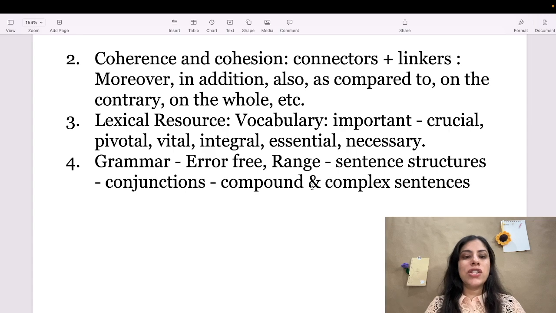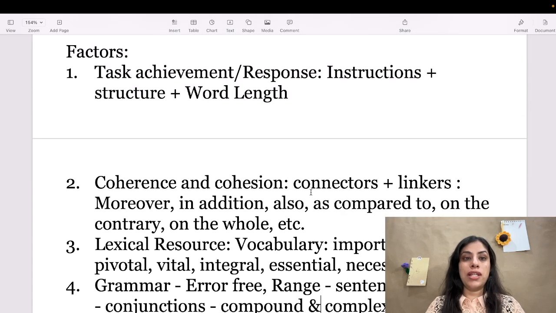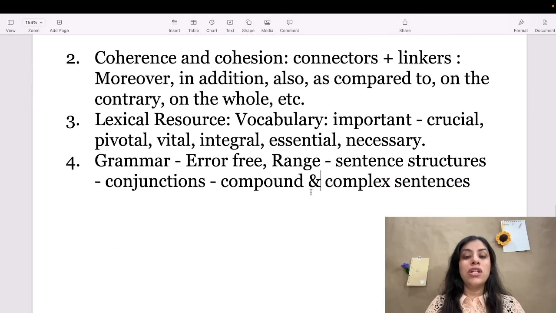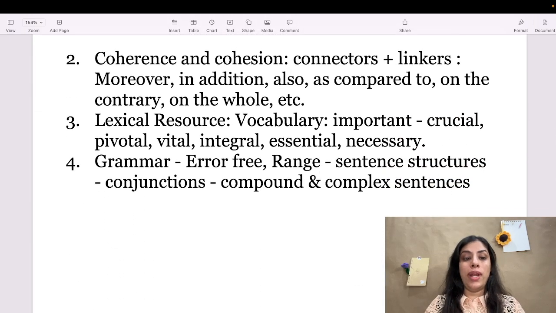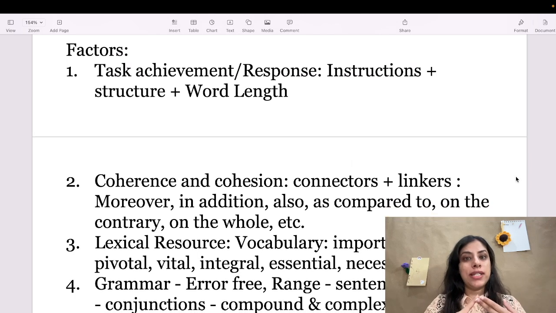All right, so these are the four factors on the basis of which the examiner is going to judge you. So make sure that you're well acquainted with it and check your answers for these four factors. Once you are done with your answer, check if my answer was in alignment with the instructions. Have I connected all my sentences with connectors or linkers?